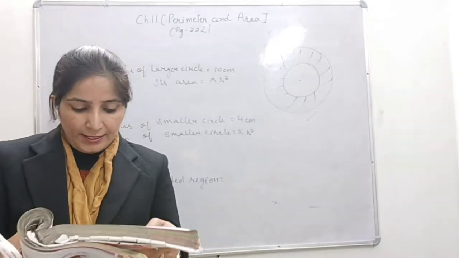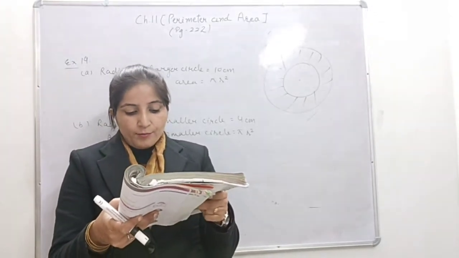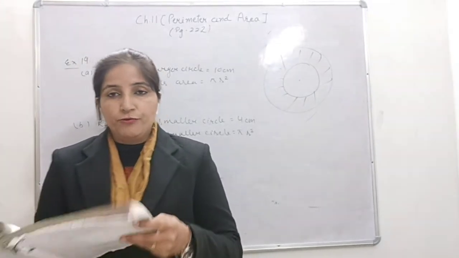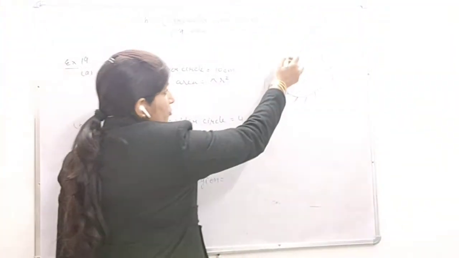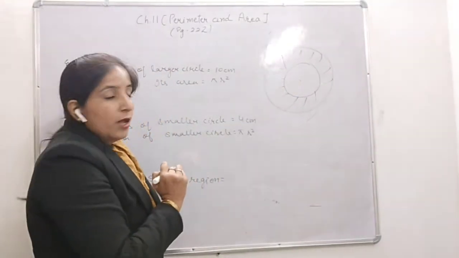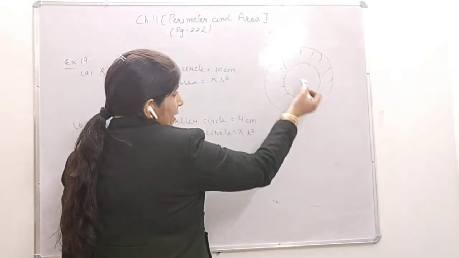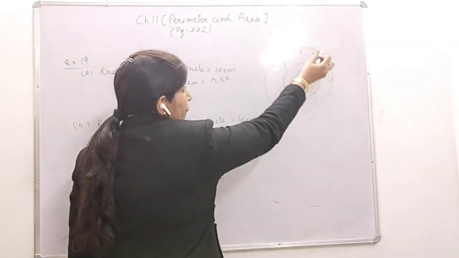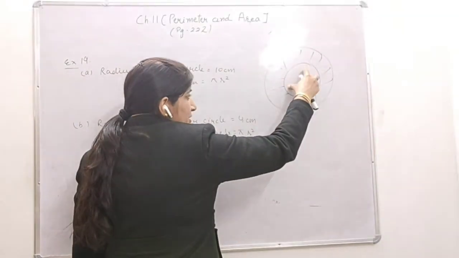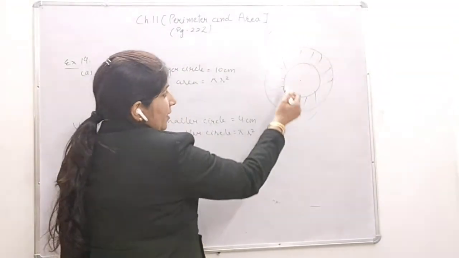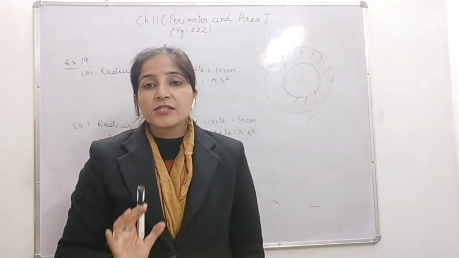The third thing is the shaded region between the two circles. To find this shaded region, we need the areas we already found: if from the bigger circle we subtract the area of the smaller circle, then we can find the area of the shaded region.